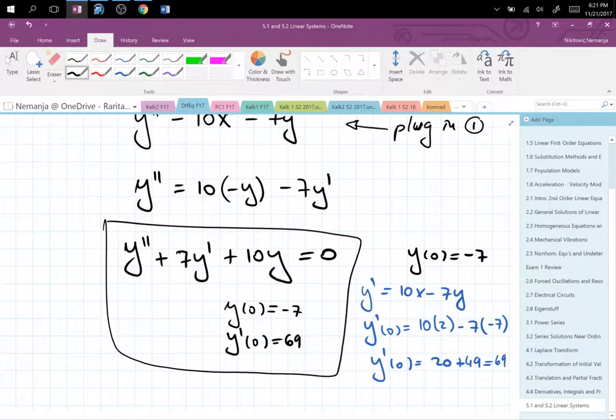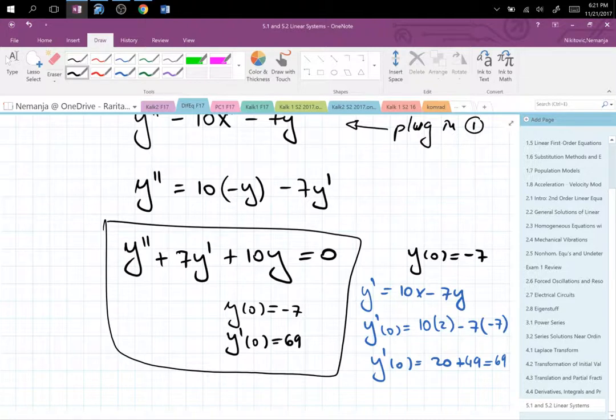The solution exists and it's unique. So if you change anything in the statement of the problem, that change will propagate through the problem and create a different answer. There's a one-to-one correspondence between the problem and the answer.